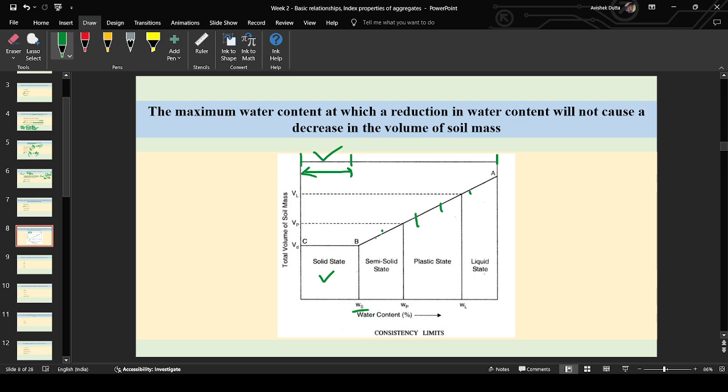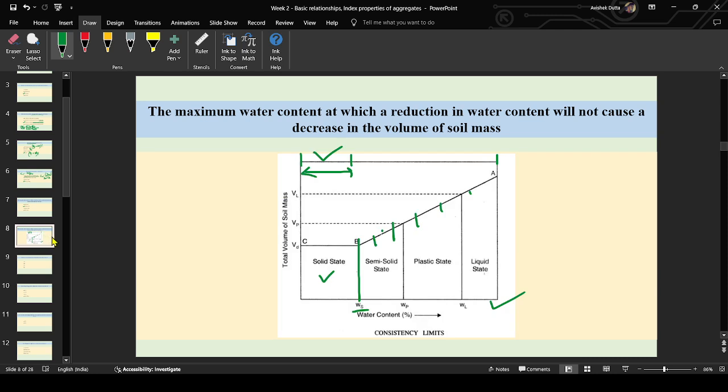Some people are taking observations over here and then over here: okay, the volume is now changing, okay, the volume stops changing. But this part has more volume of water, so the last stage is being reached. So in that aspect, I think it is better if you say the drying cycle and not the wetting cycle.